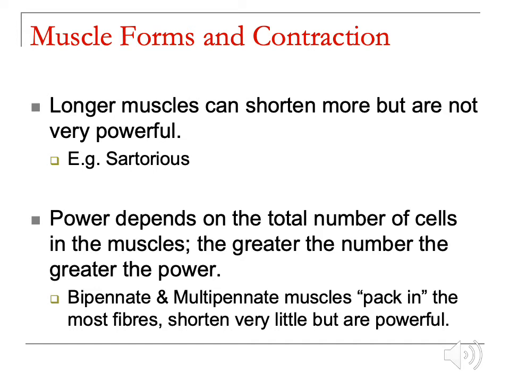The exertion of strength and power from a muscle depends on the total number of cells in that muscle. And by cells, we can interchange that word with fibers. So the greater the number of muscle fibers within an individual muscle, the bigger the expression of strength and power can be. By that respect, our bipennate and multipennate muscles pack in the most fibers, but those fibers are shorter in length.